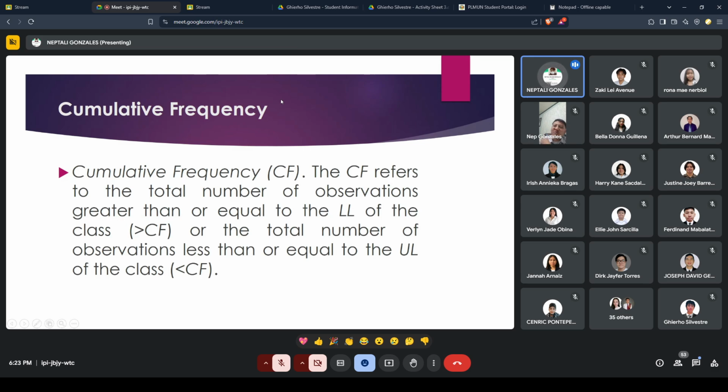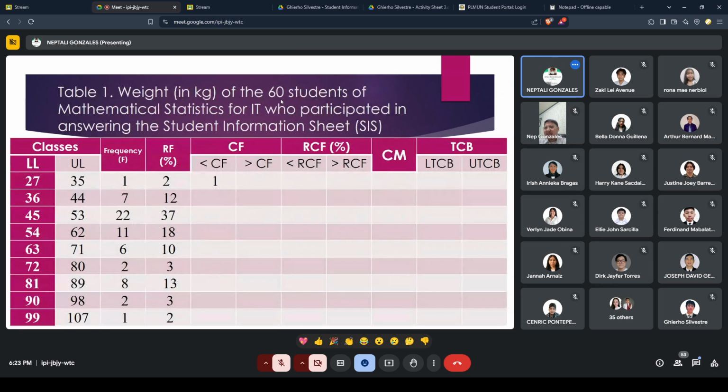So it is very useful in knowing how many of those observations are less than or greater than the given. So from the point of origin, how many are greater than or less than? So let's try finding the cumulative frequency. It is very easy first to find the less than cumulative frequency.